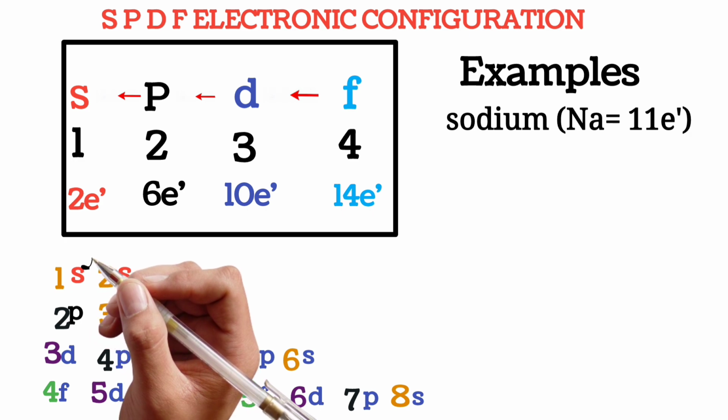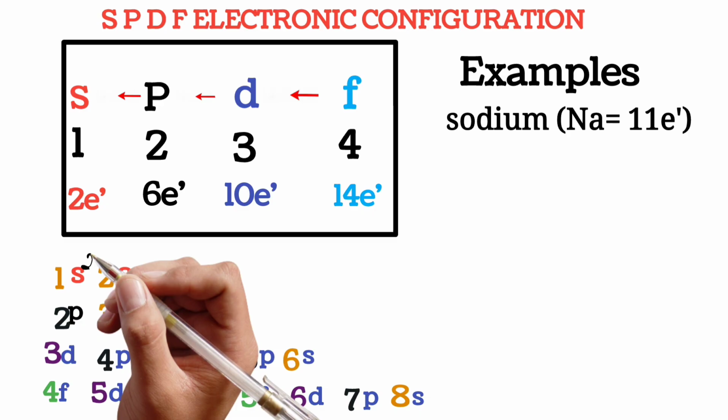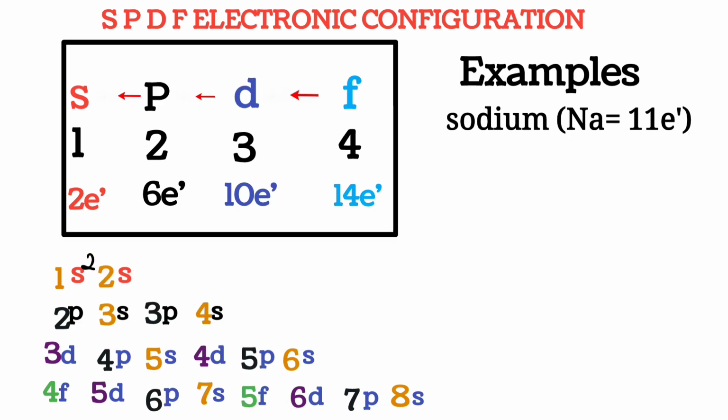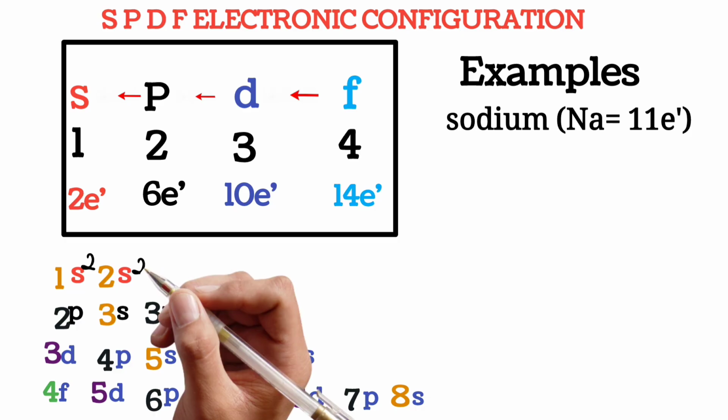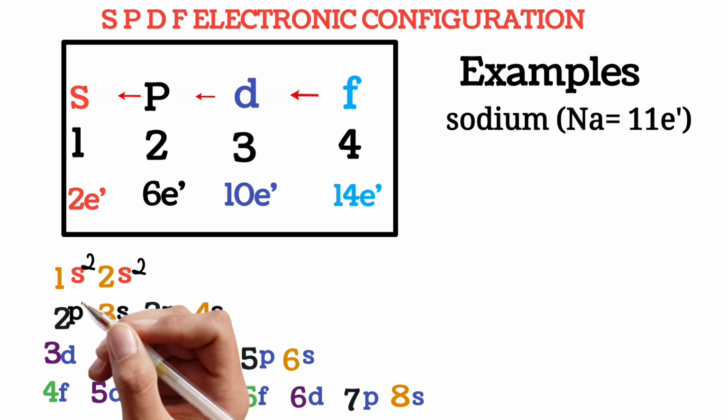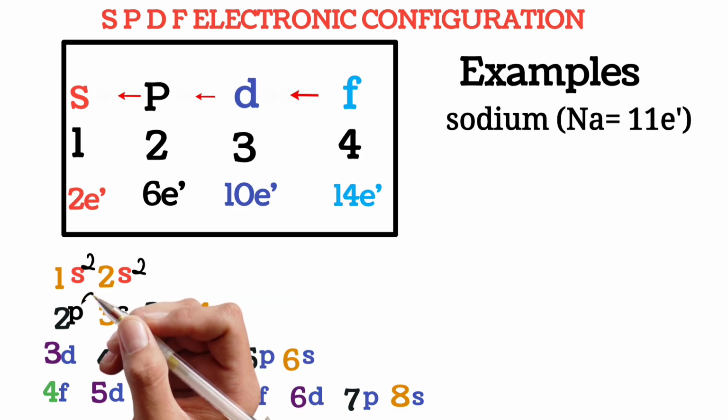We have the s orbital that takes a maximum of 2 electrons. Those are the electrons we have given to the first s orbital. We continue with the second s orbital. It still takes a maximum of 2 electrons. Those are the 2 electrons that we have given to the second s orbital.